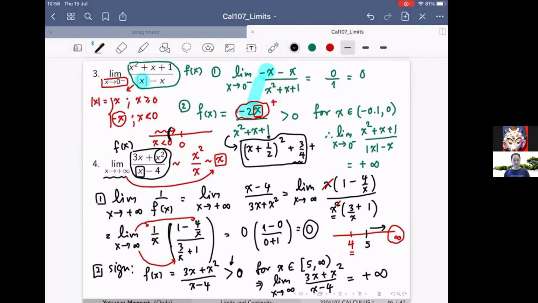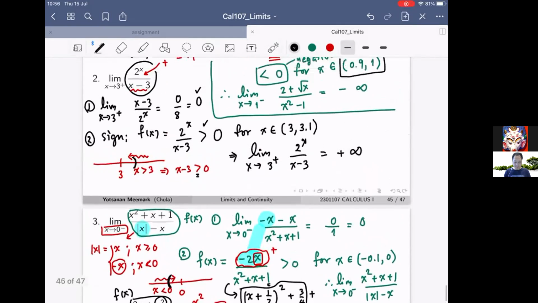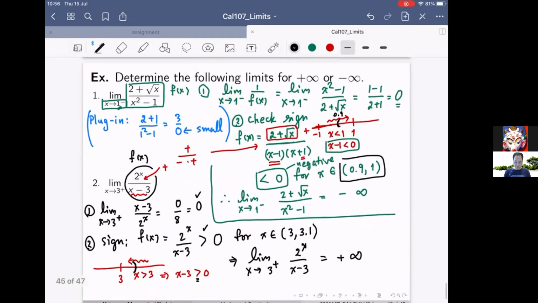Okay, so for this one, we would like you to try, okay, if your x goes to 1 on the right, if your x goes to -1 on the left, if your x goes to -1 on the right.